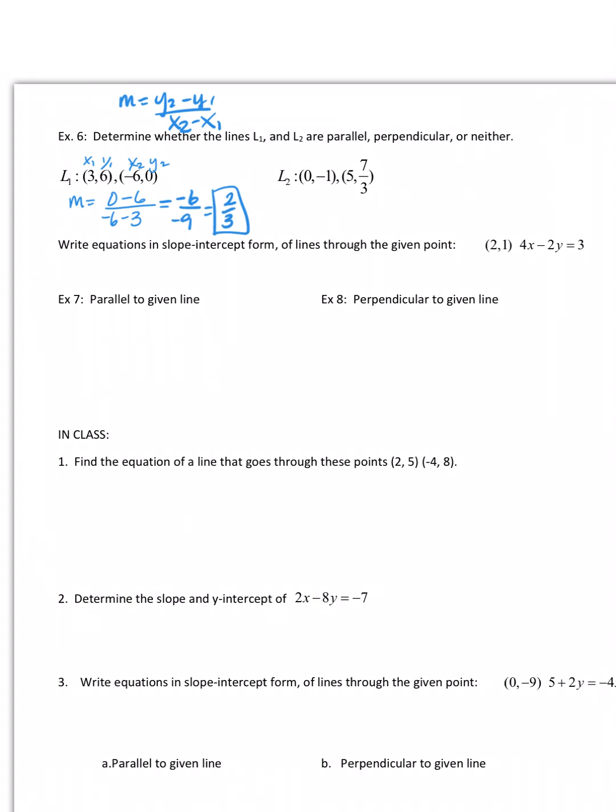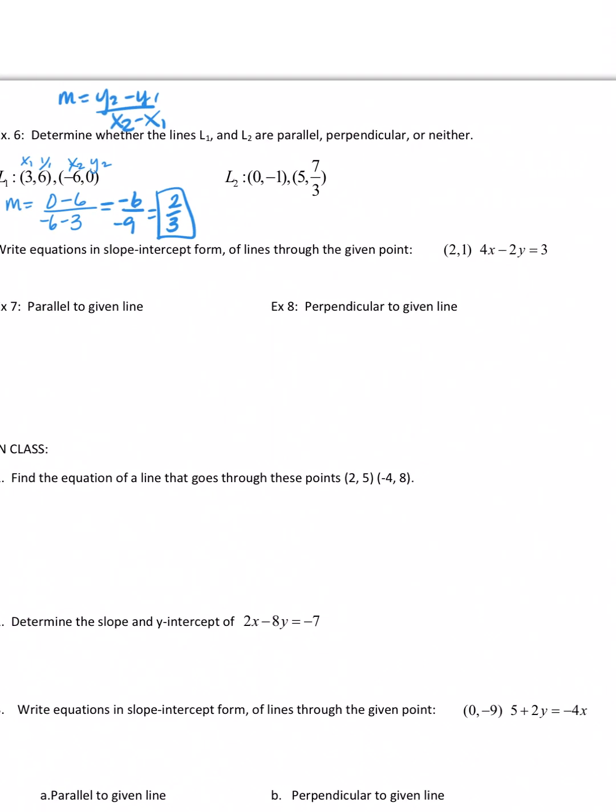Okay, great. What happens over here? All right, let's see. y2 is 7/3 minus a positive 1, and then 5 minus 0. Okay, that's kind of gnarly with a fraction, right? But remember, 7/3 plus 3/3 equals 10/3. So it's 10/3 over 5 over 1.